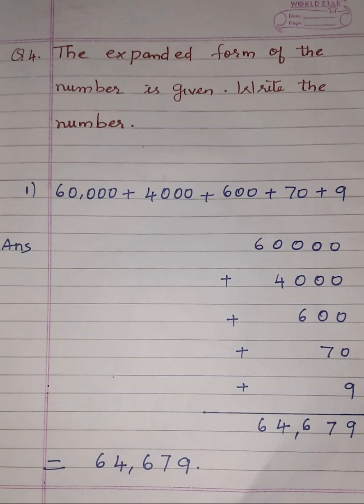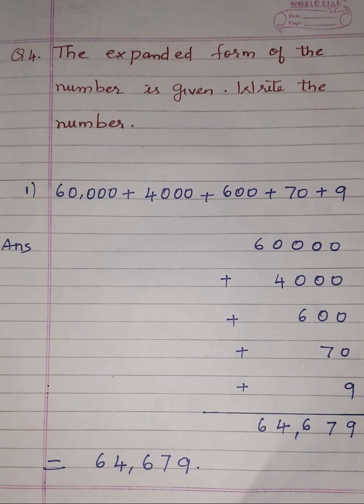For example, 60,000 plus 4,000 plus 600 plus 70 plus 9 is the question to you, right? So don't think of writing the direct answer, that is 64,609. Okay, most of the time you will tend to make mistakes.